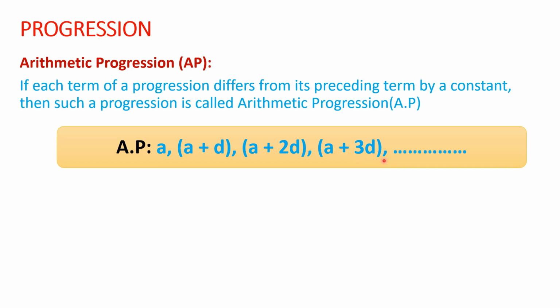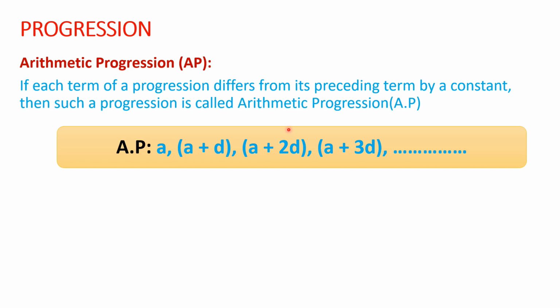So if each term differs from the preceding term by a constant, that means if you subtract the first term from the second term, you get d. Similarly, if you subtract the second term from the third term, you get the same d as the answer. And if you subtract the third term from the fourth term, you also get d.